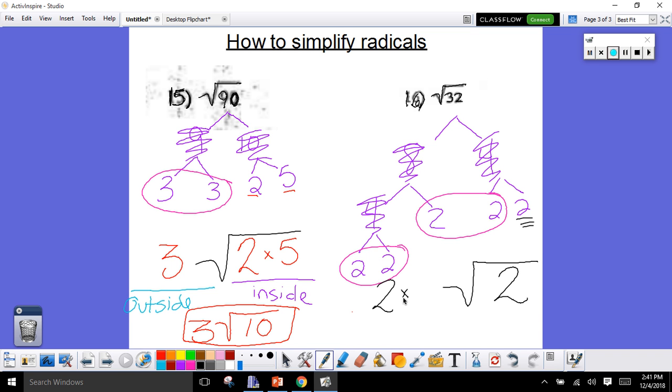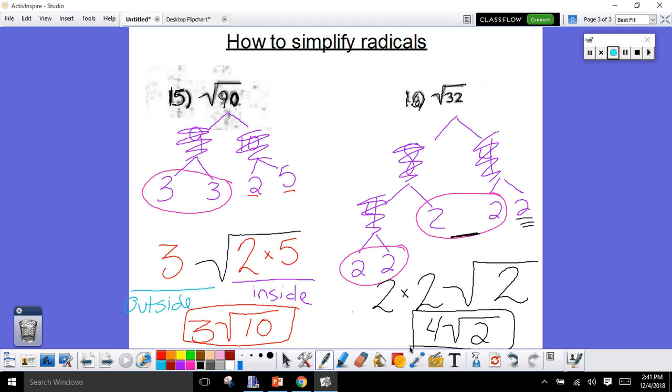Remember, we're always multiplying if I have more than one outside. I have another pair of 2's, so I put another 2. Multiply what's outside. 2 times 2 is 4. I only have one number inside, so that stays the same. So my answer simplified should be 4 in the square root of 2.